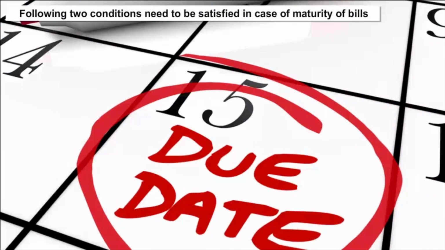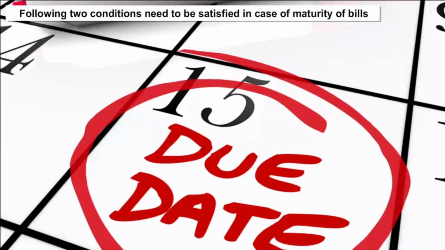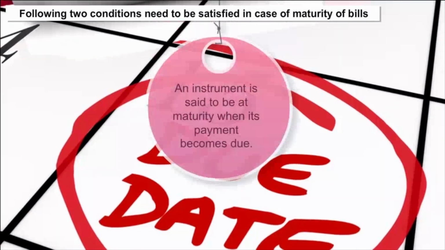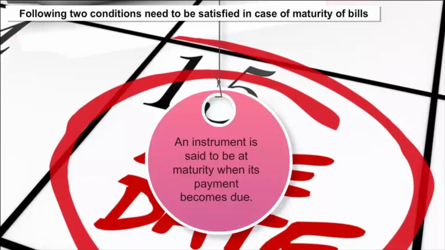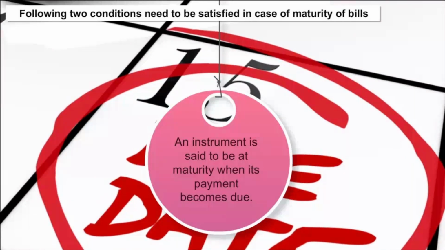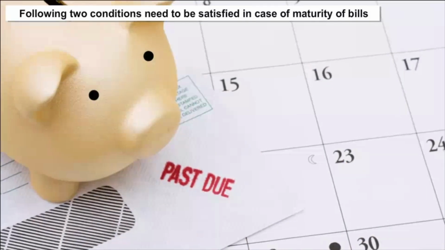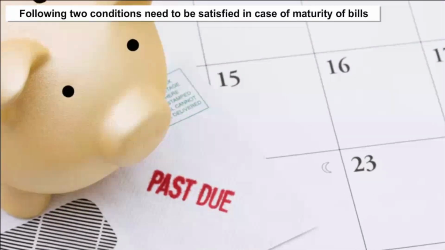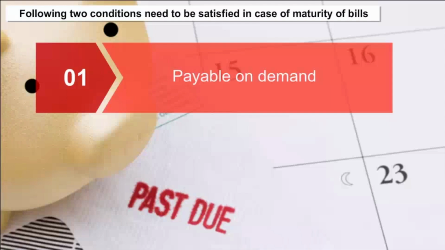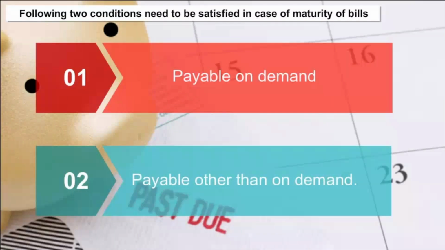The following 2 conditions need to be satisfied in case of maturity of bills. An instrument is said to be at maturity when its payment becomes due. Maturity of a negotiable instrument comes under 2 heads: payable on demand, and payable other than on demand.